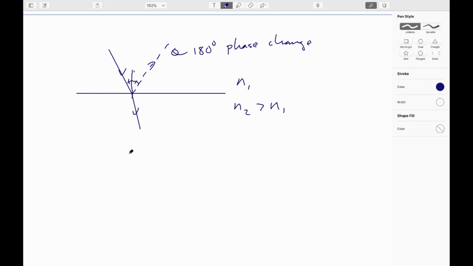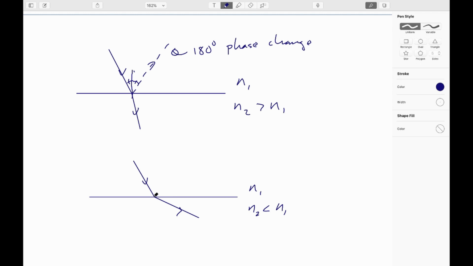Okay. On the other hand, if my N2 is less than my N1, so the speed of the wave is higher in medium 2, we'll still have our ray coming in, and we'll still have a ray that gets refracted through.